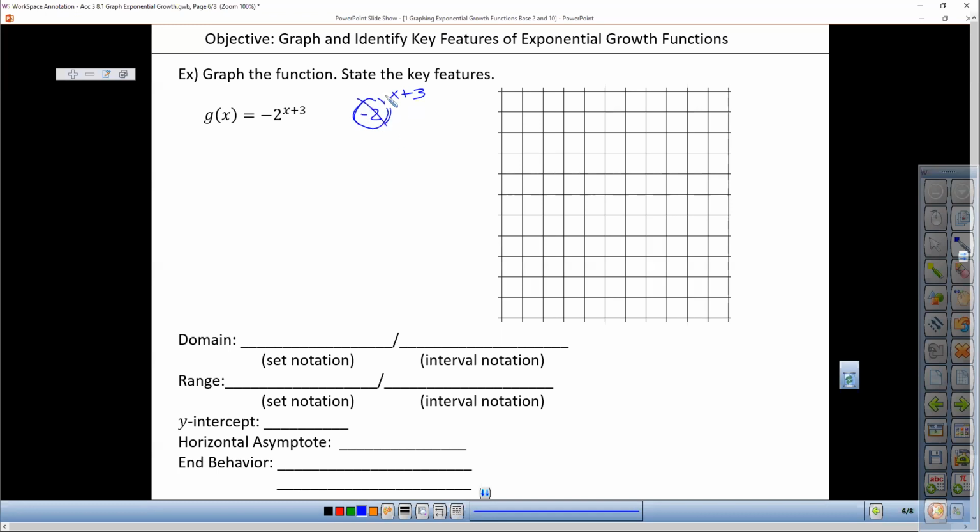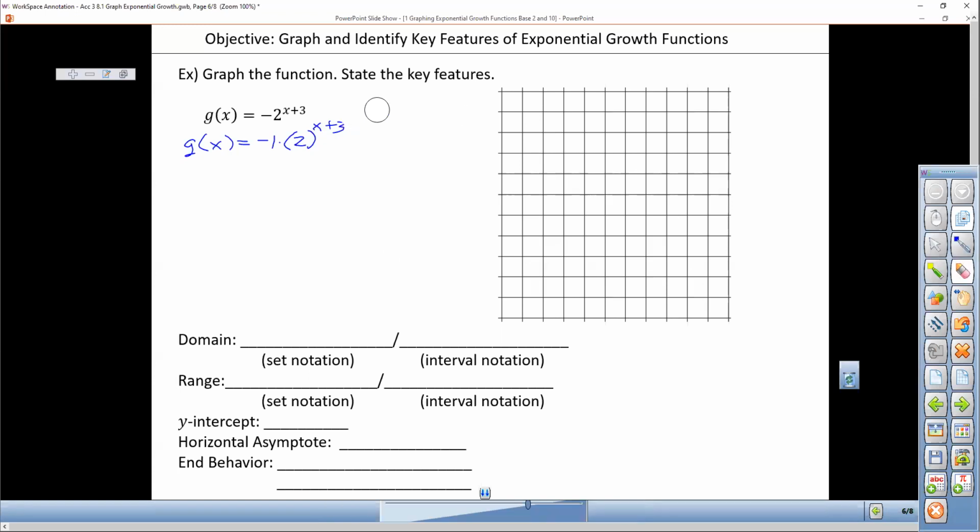So we're not even allowed to have a negative base value in an exponential function. So there's no way this is what we would be dealing with. So what this negative actually means is it's your a value of -1. So when you see this negative in front of a 2 to a power, you need to make sure you interpret that as a -1 times a power of 2, like so.